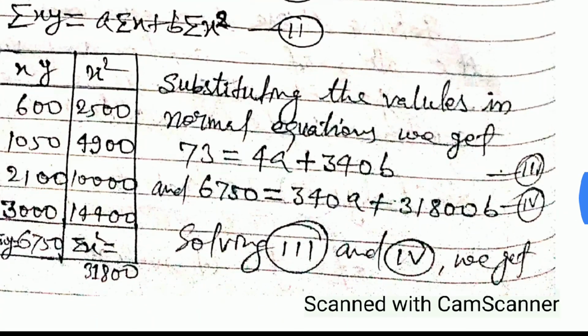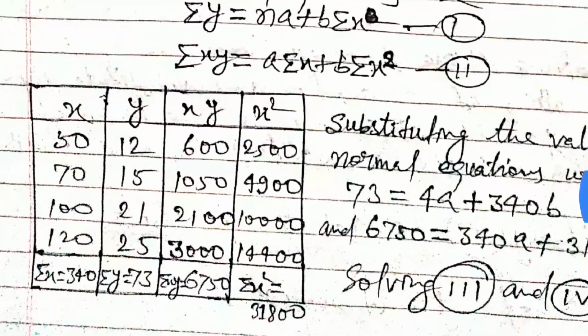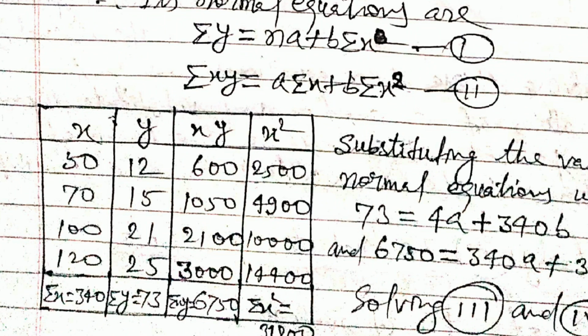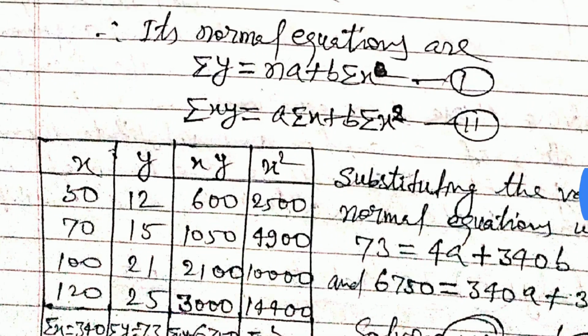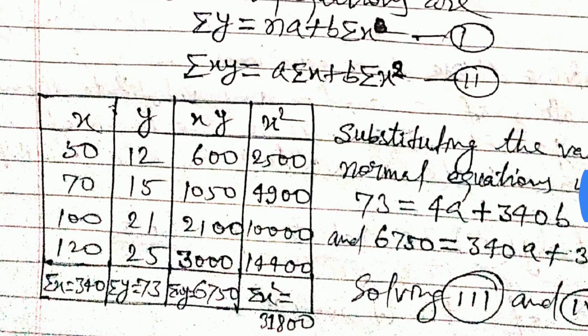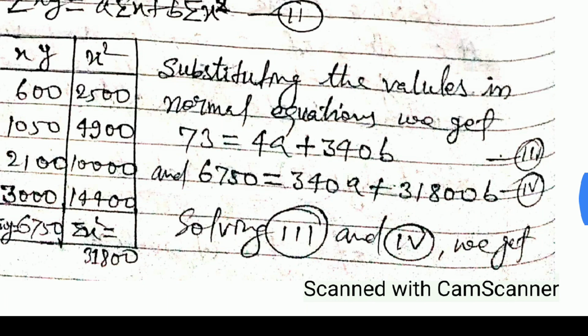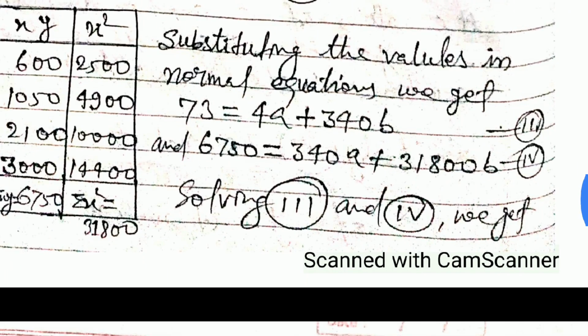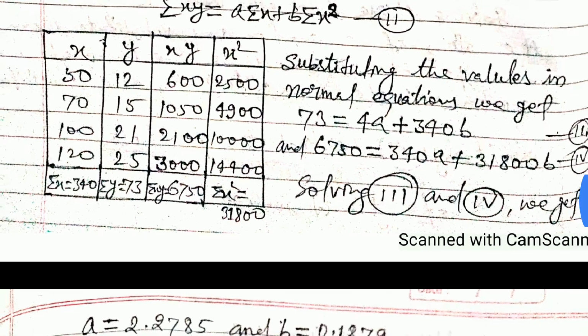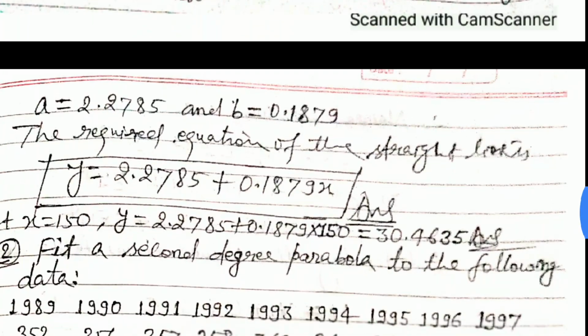We substitute the summation of x and summation of y in the first normal equation, and the summation of xy, summation of x and summation of x square in the second normal equation. Then we find the solution of equations 3 and 4 and get the values of a and b.